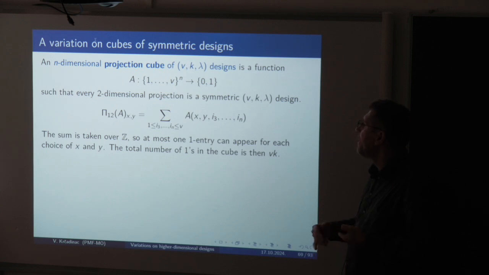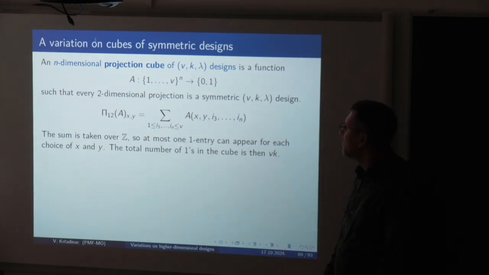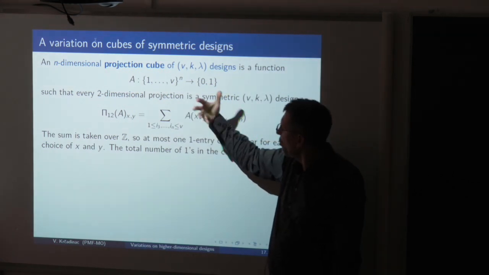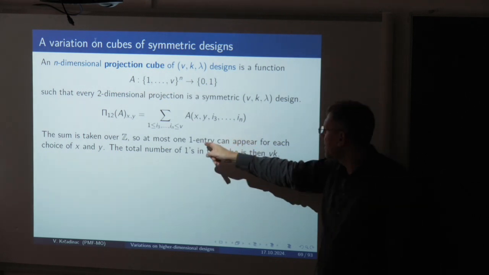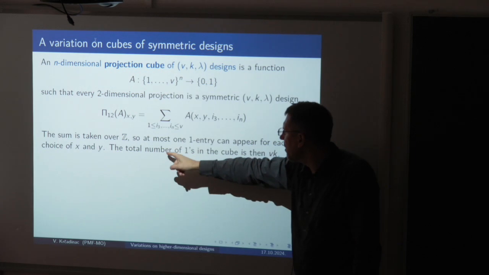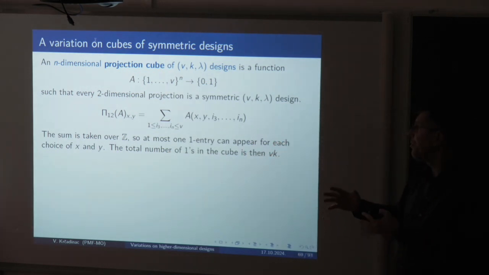So if you take the usual sum over the integers or over the real numbers, or any other field of characteristic 0, then if you want these projections to be 0-1 matrices, at most 1 entry 1 can appear for each choice of x and y. So the total number of ones in this whole cube is going to be v times k, the number of incidences in a (v, k, lambda) design.